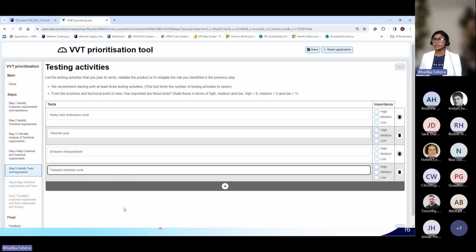So at this point, from an engineering point of view, you identified what are the tests you require. You probably also know from your experience how important those tests are.